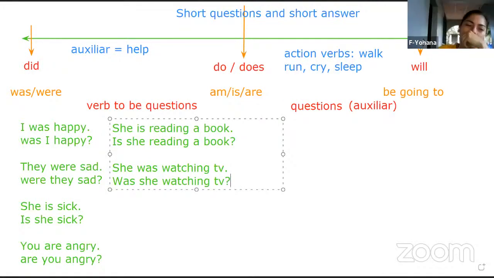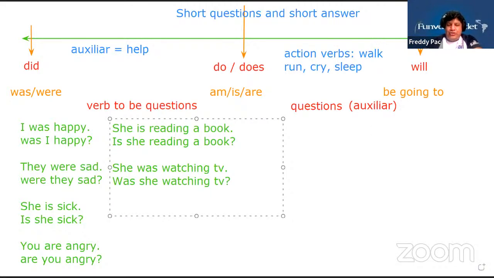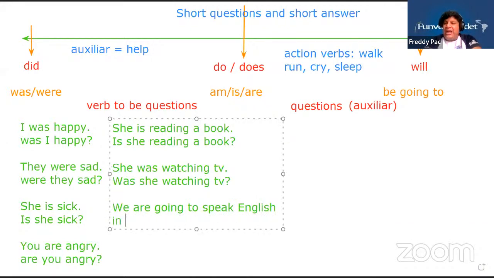If you want, I am going to create one in the future, but the future with verb to be. Let's use we. We are going to travel. We are going to speak English in, I am going to give you 4 months, guys.